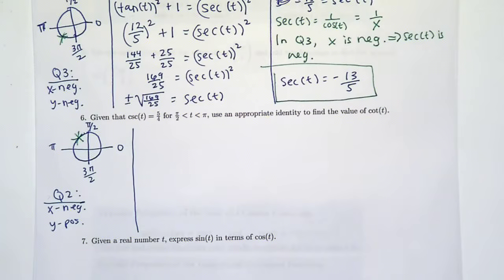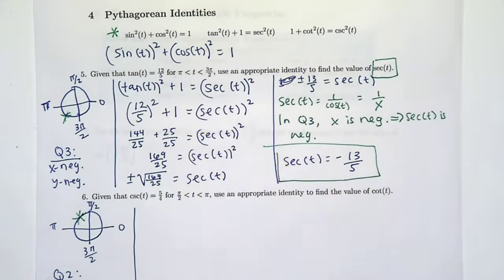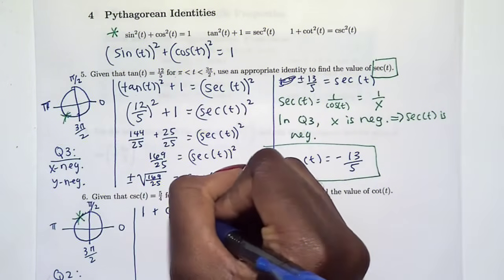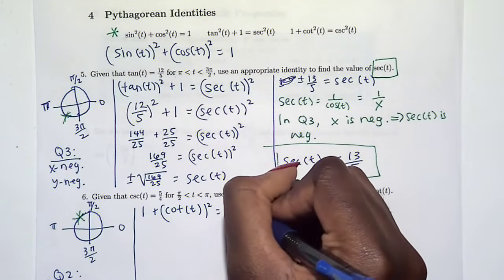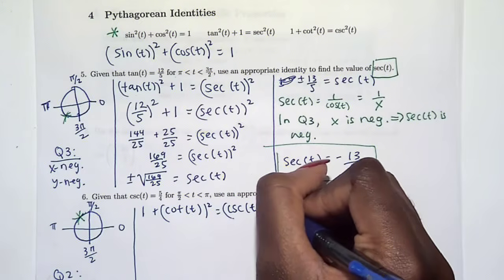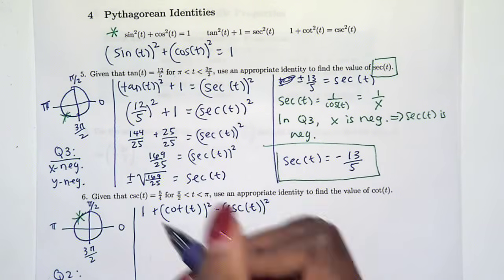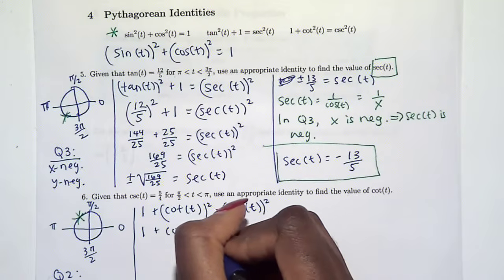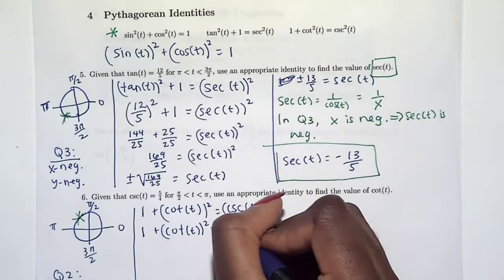All right, now we're going to use an appropriate identity to find cotangent when we know cosecant. This is the one we're using: 1 plus cotangent of t squared equals cosecant of t squared. The thing we know is cosecant, so cosecant is 5 over 4.